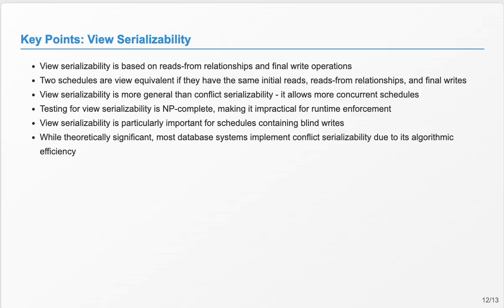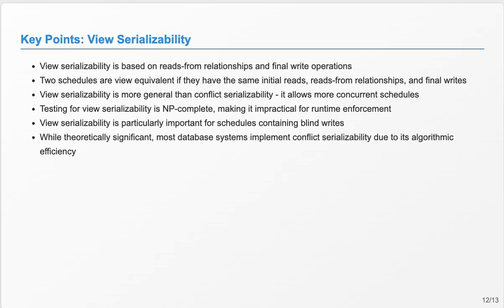To summarize the key points about view serializability: it is based on reads-from relationships, final writes, and initial reads. Two schedules are view equivalent if they have the same initial reads, reads-from relationships, and final writes.